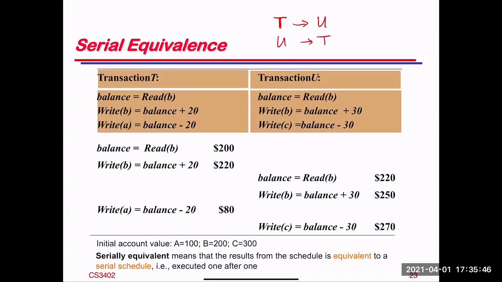Meaning I'm executing all operations of T first and then all operations of U, or the other way around. So is this schedule here equivalent to either of these? And equivalent means that the result from the schedule is equivalent to a serial schedule. So it is actually equivalent to this one here, to first executing T and then U.